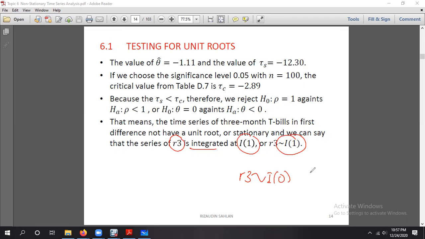That's why we difference the data. After we difference the data and perform the test again, we can see that the data is stationary at the first difference. Because R3 is stationary at the first difference, R3 is integrated at I1, not I0.